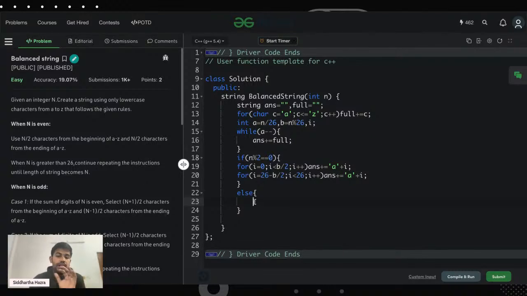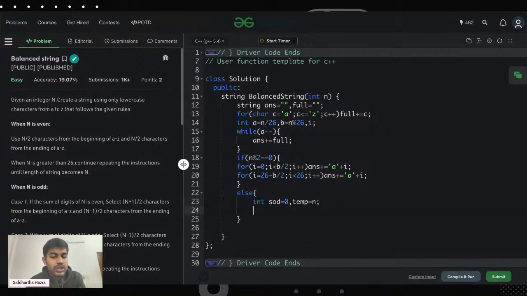Now the condition when n is odd itself. So we would first have sum of digits, SOD, equals to 0. And then we would have a temp which would store the original value. Because basically, suppose we have 112. If we want to find the digits, how do we find it? We find it modulo 10, that would give me 2.